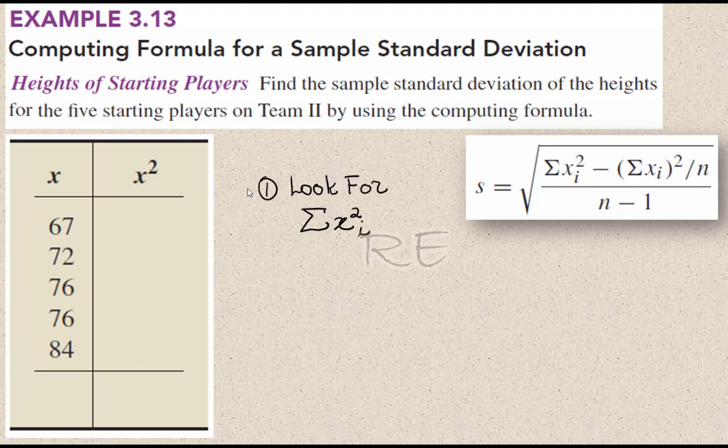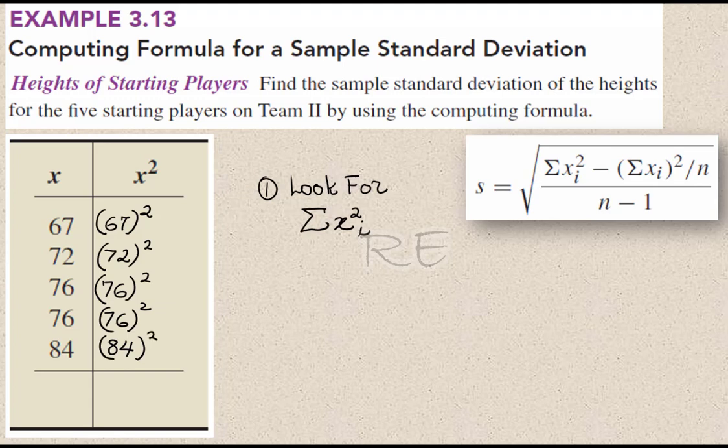Sigma x squared. In order to do so, we'll square each score. 67 squared, 72 squared, 76 squared, 76 squared, 84 squared.